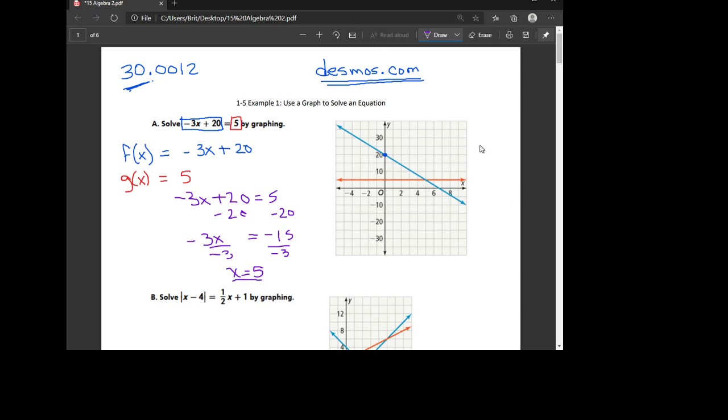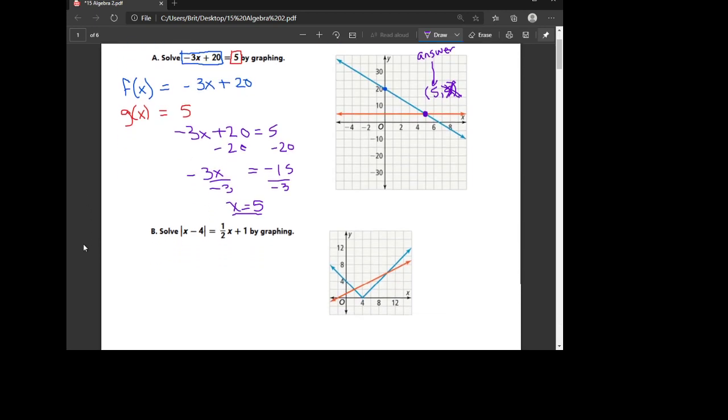The answer is not the whole graph, it's just a single point, the point where these two lines are intersecting. You see that? They intersect at the point 5, 5, and the answer is just the x value. It is not the y value, because we're searching for x.